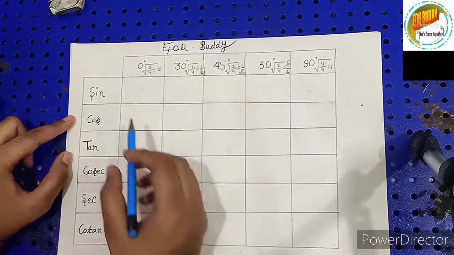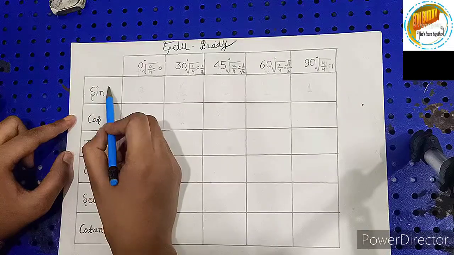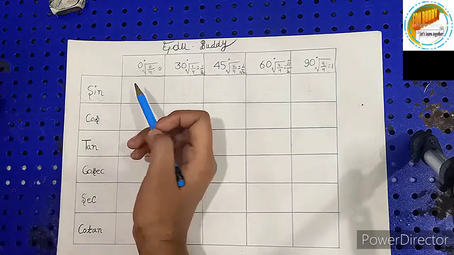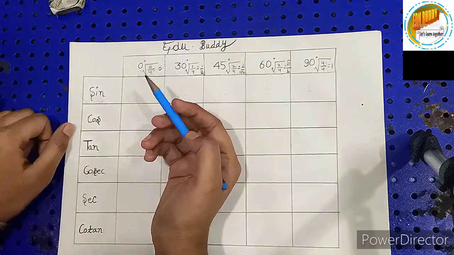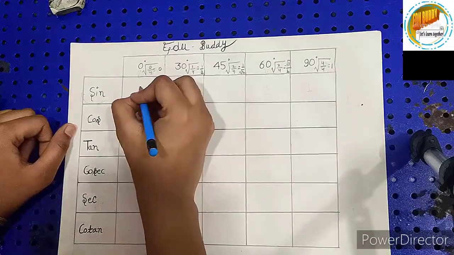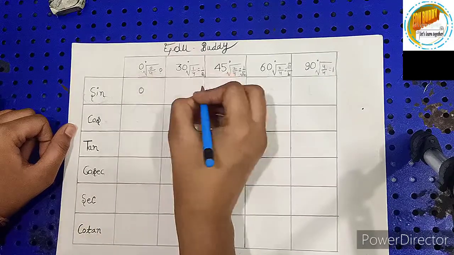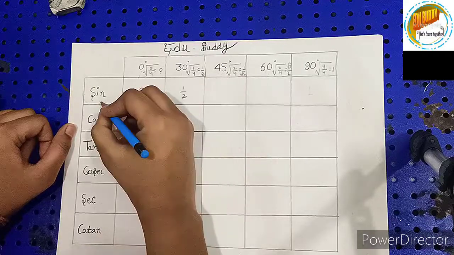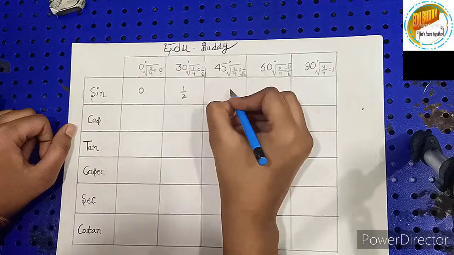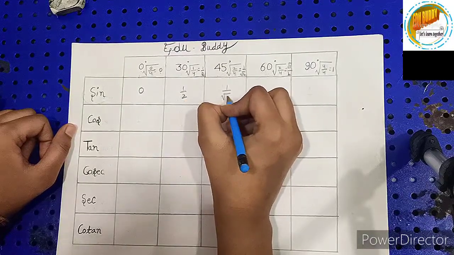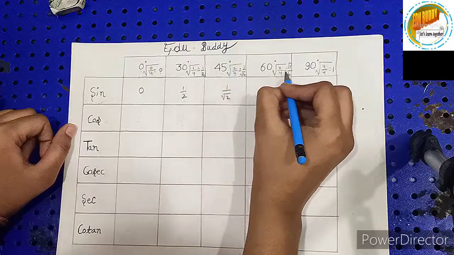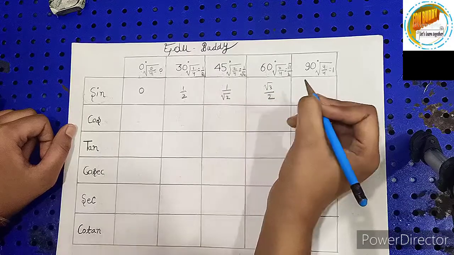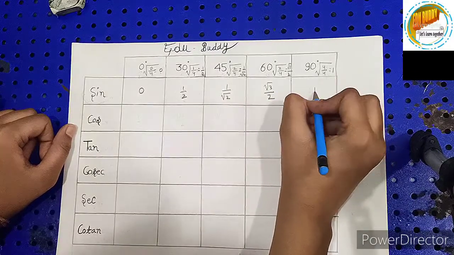Now we are going to solve the values of the first trigonometric function which is sine. Sine 0 degree is 0. Sine 30 degree is 1 by 2. Sine 45 degree is 1 by root 2. Sine 60 degree is root 3 by 2 and sine 90 degree is 1.